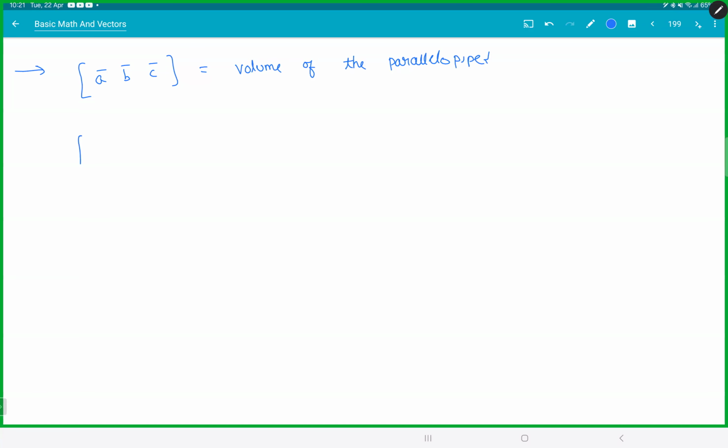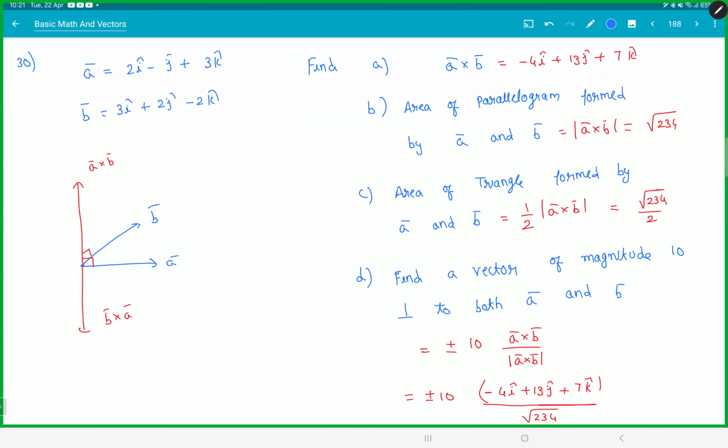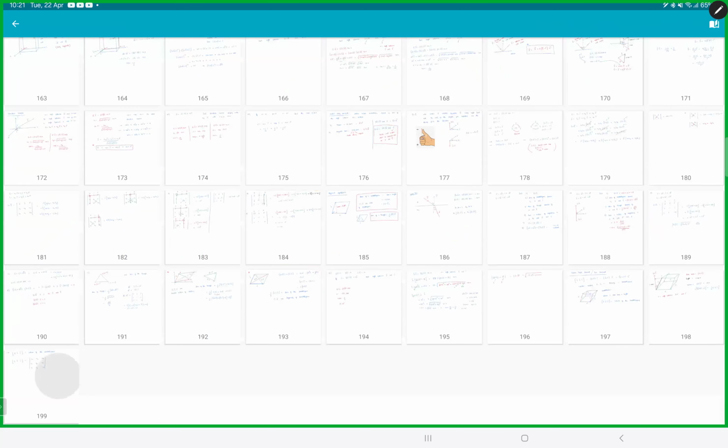If someone asks you to calculate this, it is the determinant of A, B, C. The first row is AX, AY, AZ, then BX, BY, BZ, and basically you get all numbers, CX, CY and CZ. This is the reason I gave this example, if you remember. The second example was only numbers; that was a box product example. In this there is no I cap, J cap, K cap. You get only the magnitude because it is volume, right? Volume doesn't have a direction.